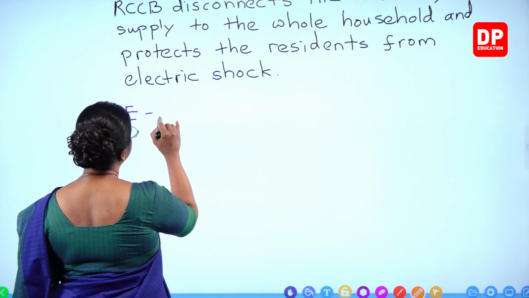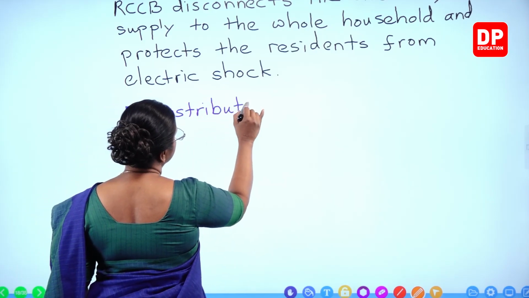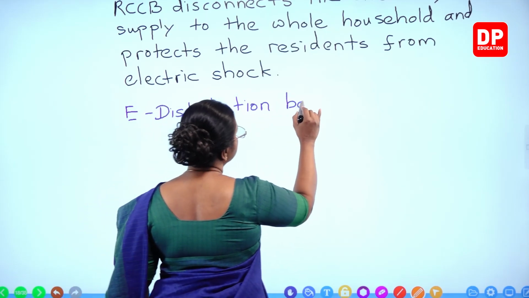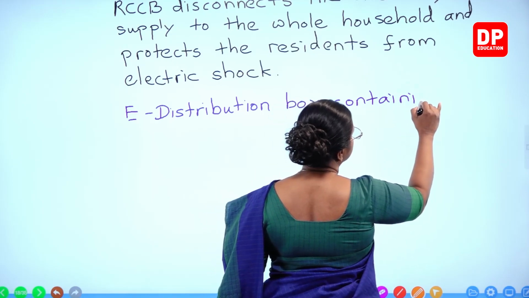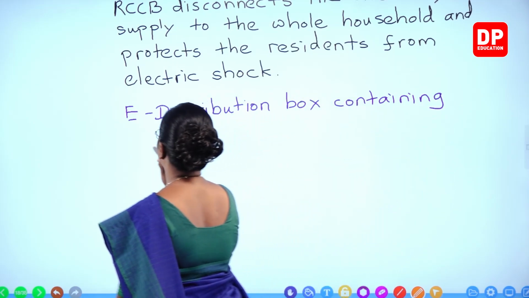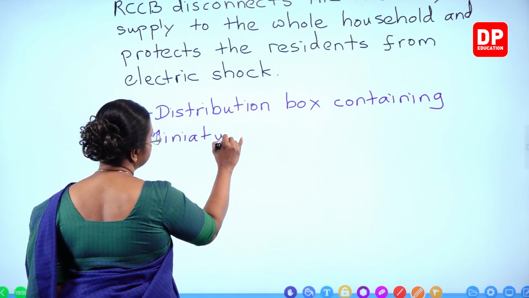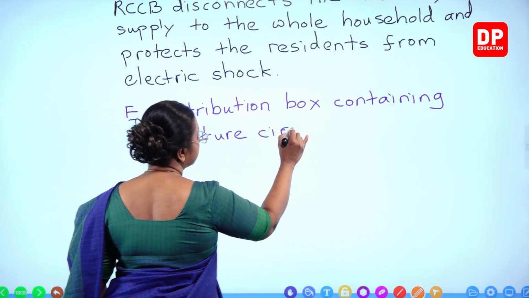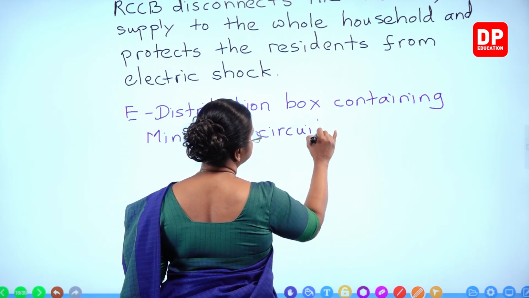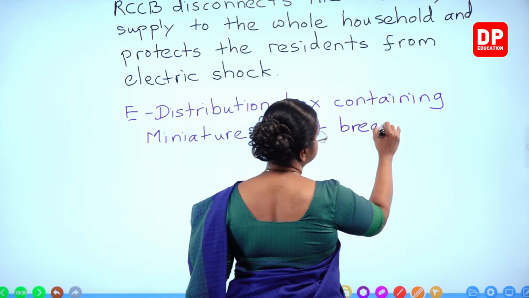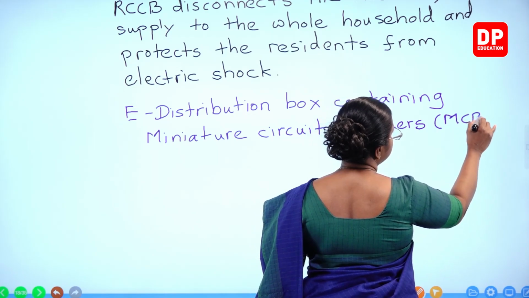So E is the distribution box containing miniature circuit breakers. That is MCB.